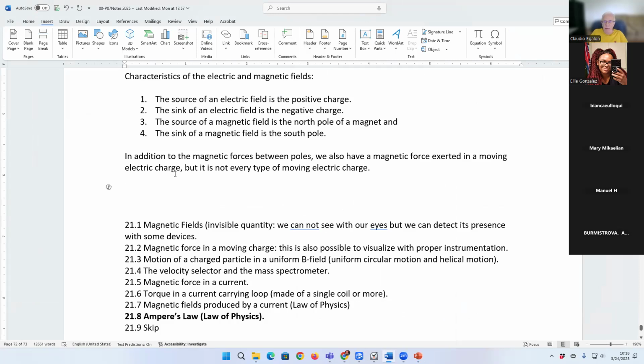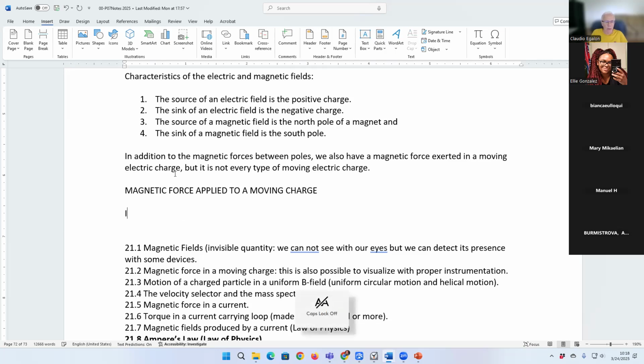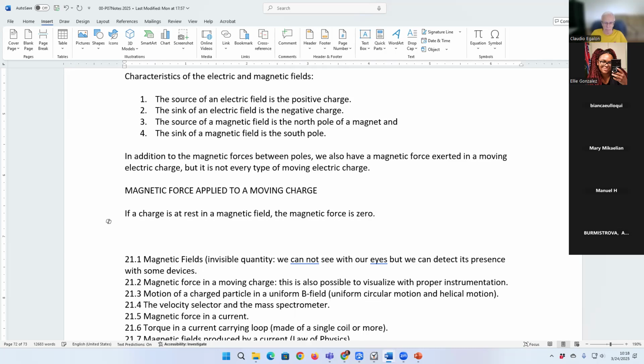So, magnetic force applied to a moving charge. If a charge is at rest in a magnetic field, the magnetic force is zero.